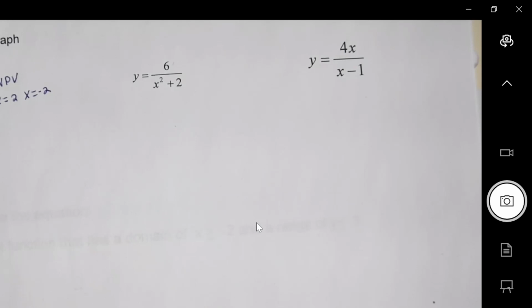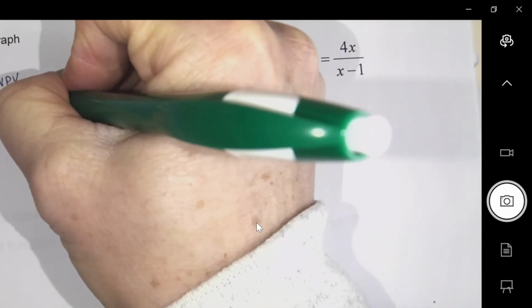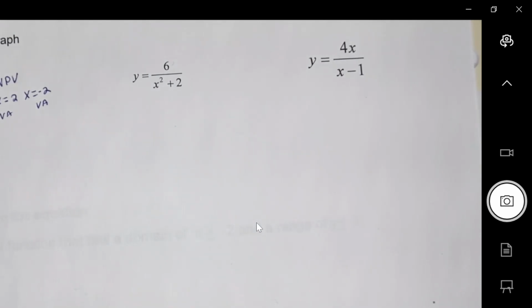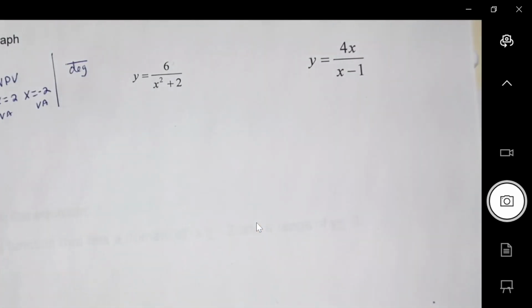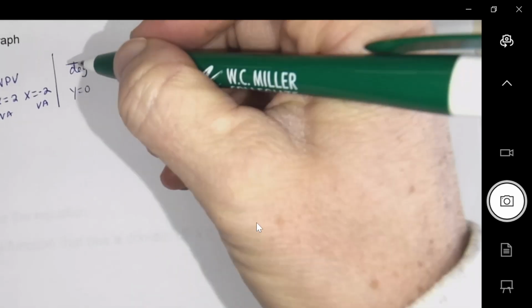Are they asymptotes or would they be holes? Asymptotes. So I'm just going to put this here for myself, vertical asymptotes. There were no cancels. Now I'm finding out that the degree situation is higher on the bottom, telling me y equals 0.